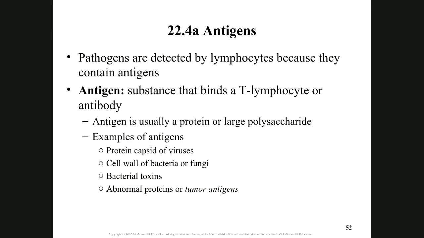But what is an antigen? Pathogenic organisms and other foreign substances are detected by T lymphocytes and B lymphocytes because they contain antigens. An antigen is a substance that binds to a component of the adaptive immune system, a T lymphocyte or an antibody.